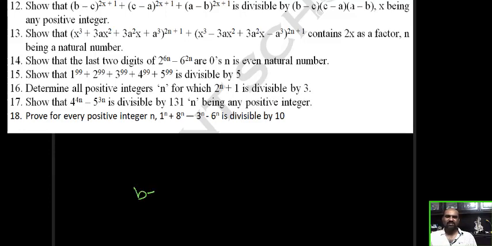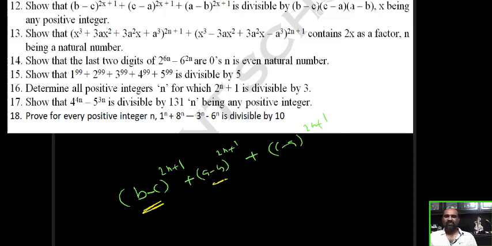For example, (b minus c) whole power 2x plus 1. I want to group with (a minus b) whole power 2x plus 1. The remaining thing I want to write as 2x plus 1. These two terms are in the form of a power m plus b power m with m odd, divisible by a plus b only.